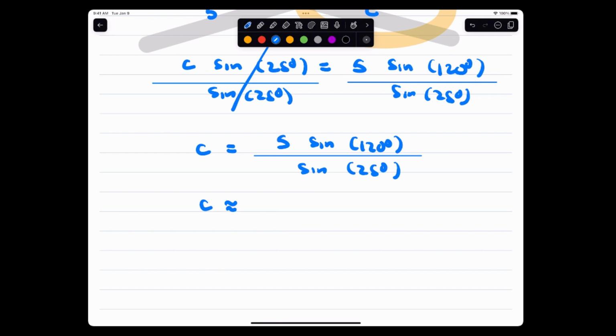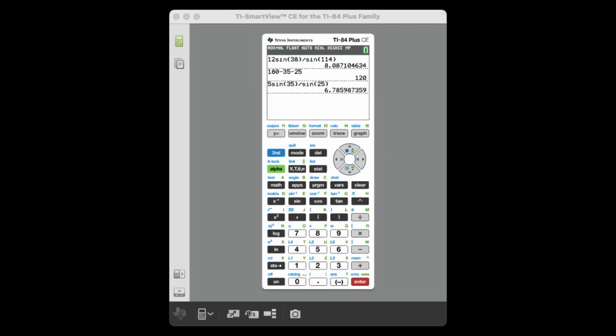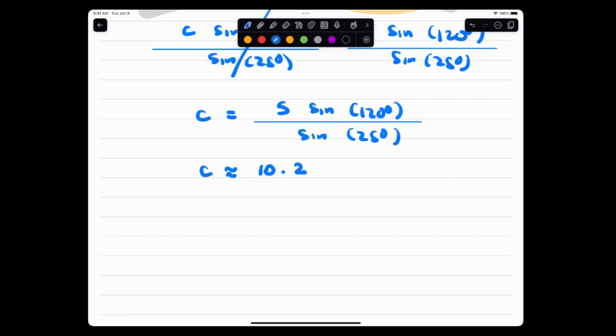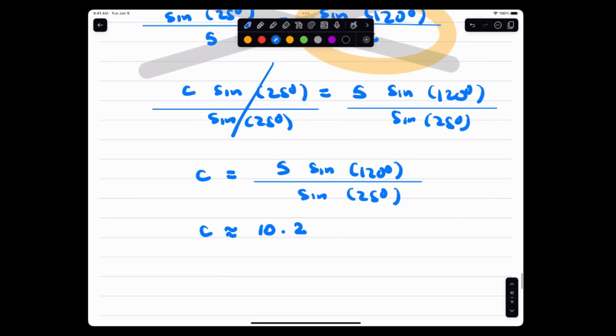Okay, so let's get out the triangle here, right? Let's get out our calculator. Clear that out. So 5 sine of 120 divided by sine of what? 25. Let's close that up. And ladies and gentlemen, you get what? 10.2. All right, 10.2. And that's gold, I guess. That side C, it's 10.2.